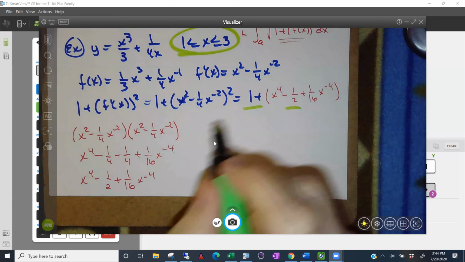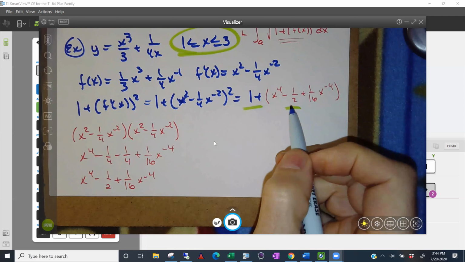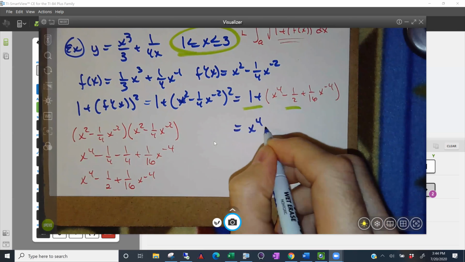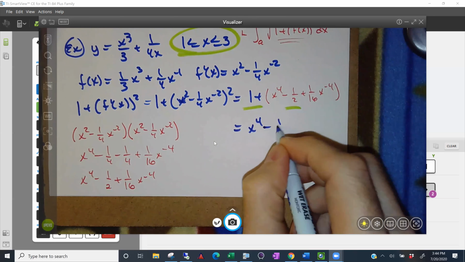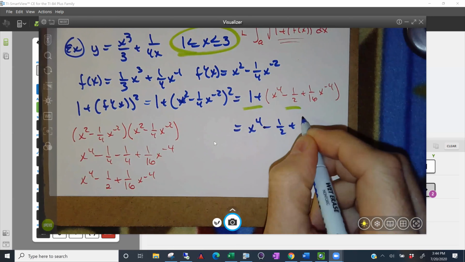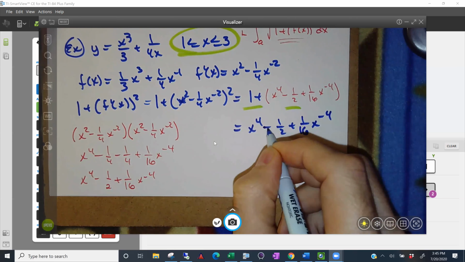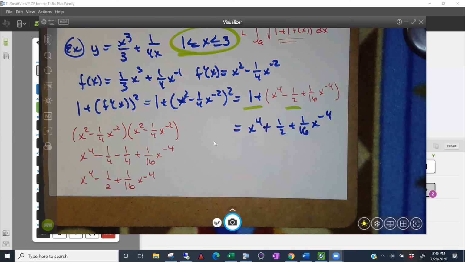But I see some common factors here. 1 minus 1/2. What does that give me? Come on, someone tell me. I haven't written it down yet. But 1 minus 1/2. What's 1/2? It's a positive 1/2, right?